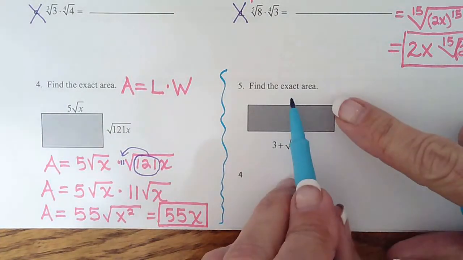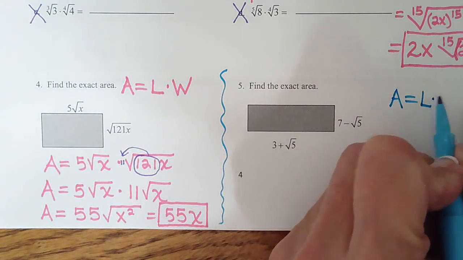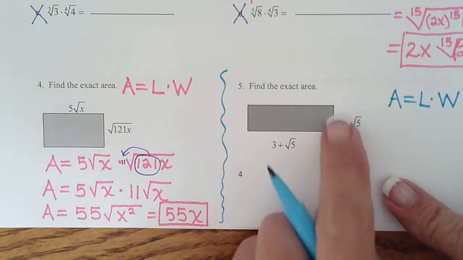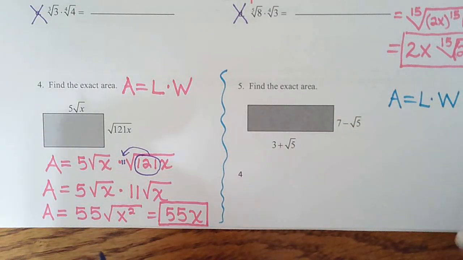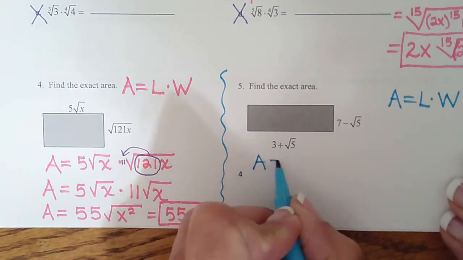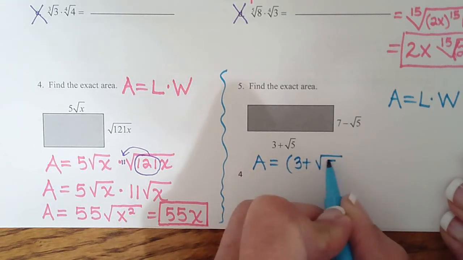Okay, this one again asks you to find area. So again, we'll be using the formula length times width. Length is usually the longer side, width is usually the shorter, but it doesn't really matter. So area equals length. And notice this time I'm putting them in parentheses. Do you know why?